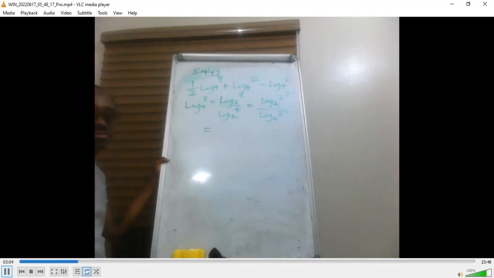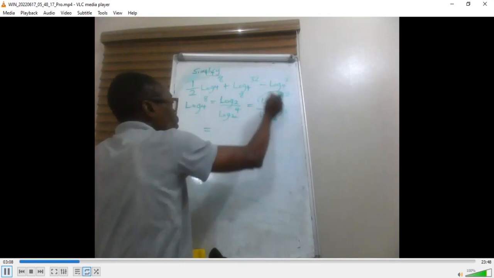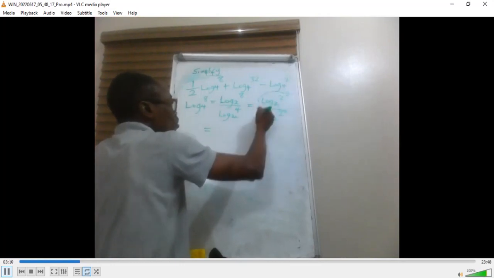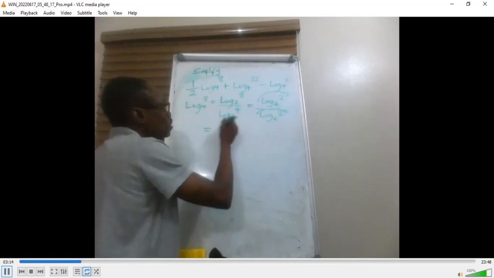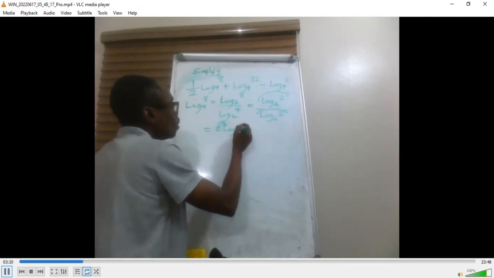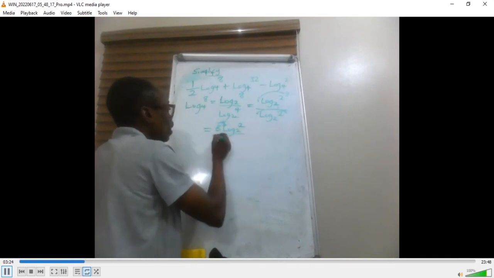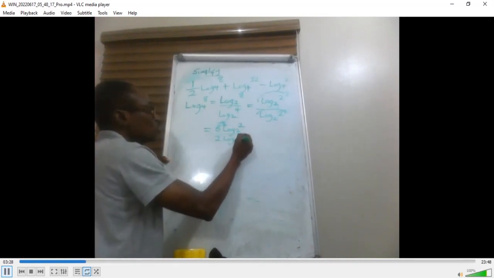So what do we do? You take the 3 behind the log, and you take the 2 behind the log as well. So this simplifies to 3 log 2 base 2 over 2 log 2 base 2.